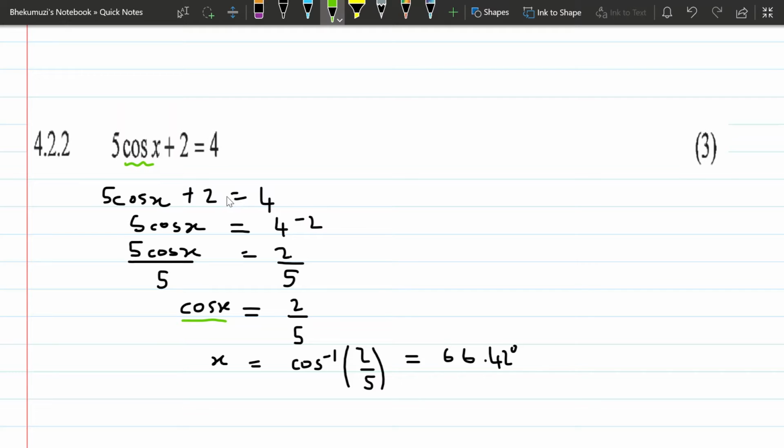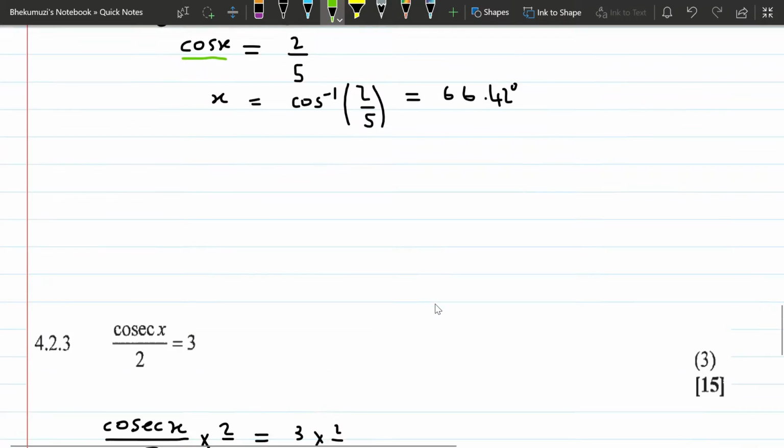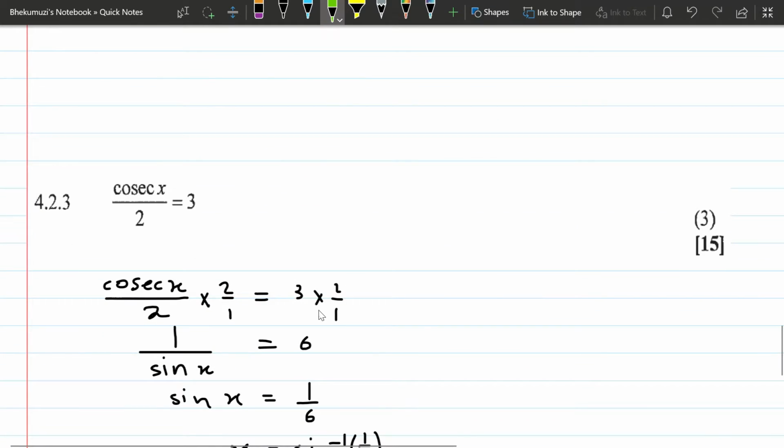Then we have cosec x divided by 2 equals 3. The first thing I did was multiply by 2 on both sides, so the 2 and 2 cancel each other out, and then we have 3 times 2, which is just 6.